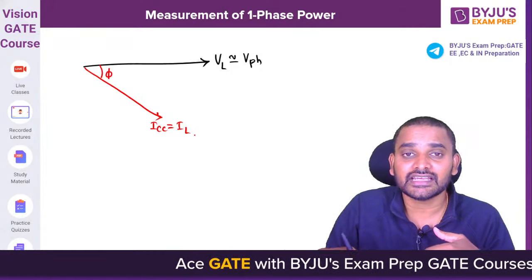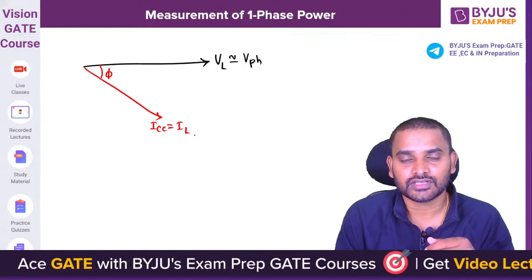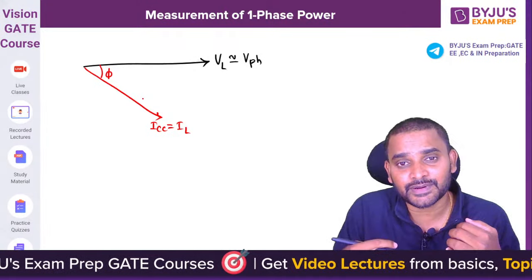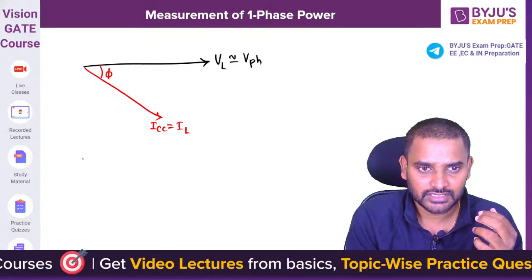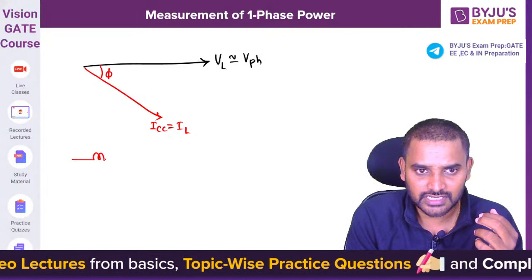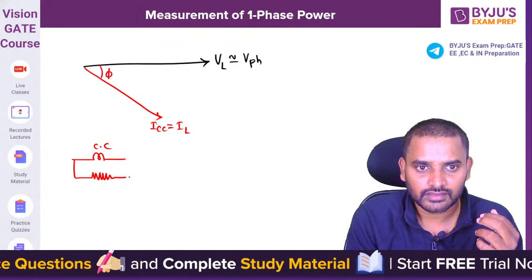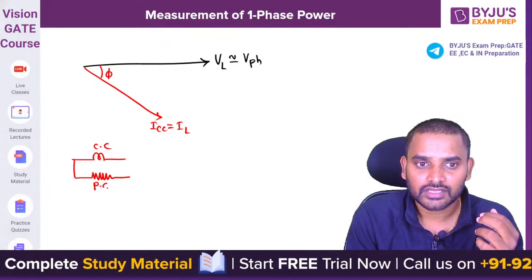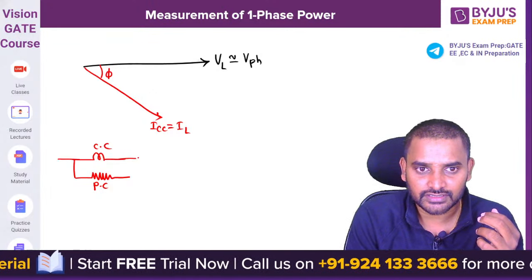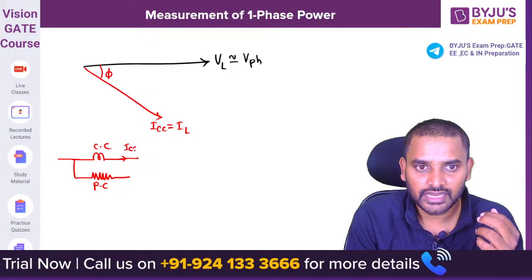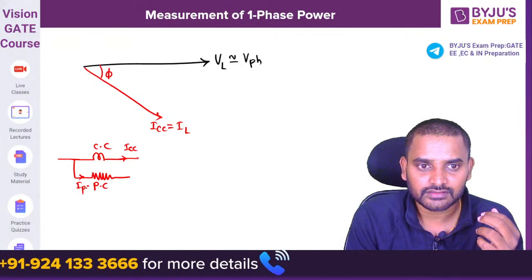Now what I should get? I should get pressure coil current also. As a pressure coil, we have designed the pressure coil with highly resistive nature. So generally, this is how it looks like. Current coil, and this is pressure coil. So pressure coil is of highly resistive nature, ICC and IPC.